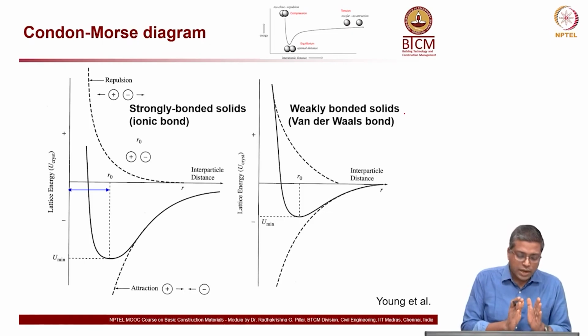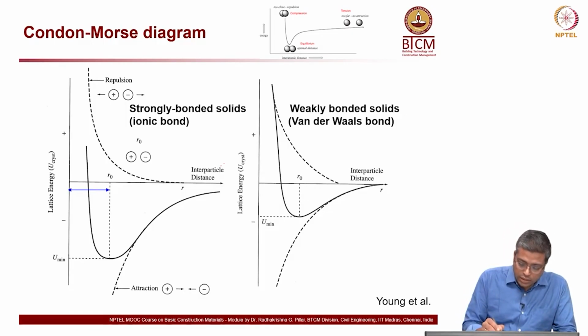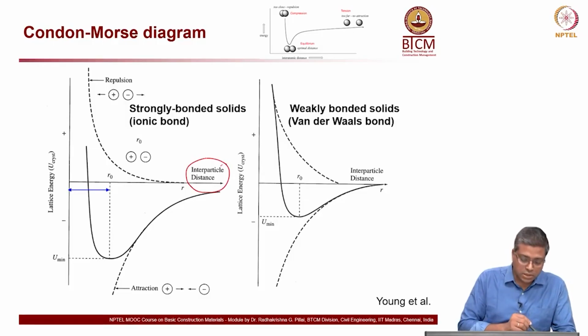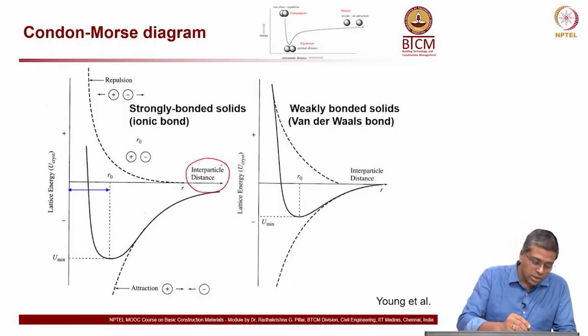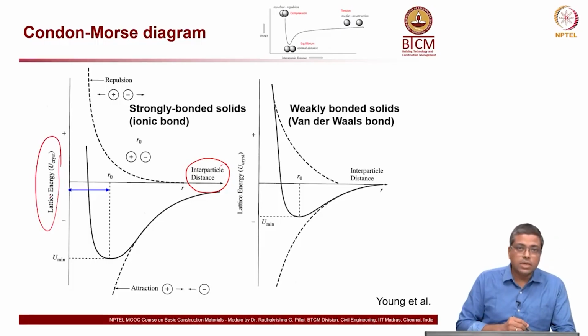Now, focus on the left side of the graph, where you can see the interparticle or interatomic distance is the abscissa and lattice energy is the ordinate, or the distance versus the energy level.